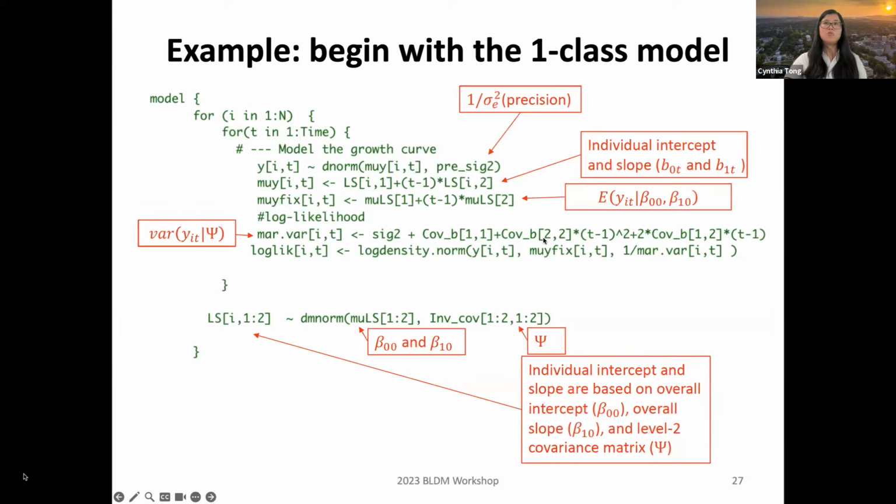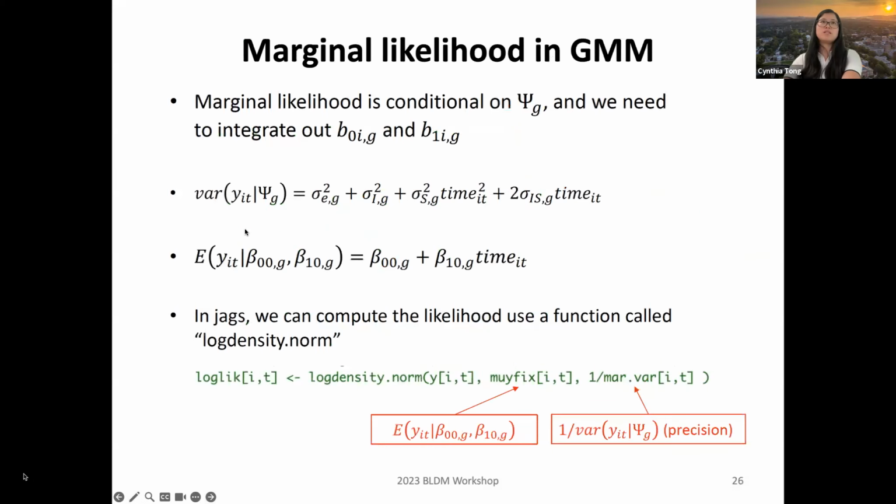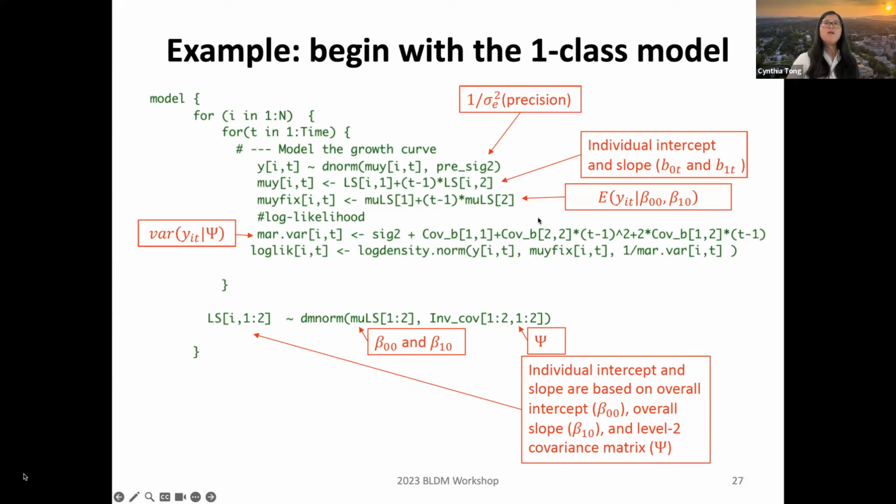In this log density norm function, we need to let it know the mean of Y and the precision of Y, or the variance of Y. We calculate the mean of Y using the fixed intercept plus the fixed slope, or average slope, times time. Here mu of LS is the average intercept and average slope. We also get the variance by following the equations in the previous slides. All right, so that's the model.